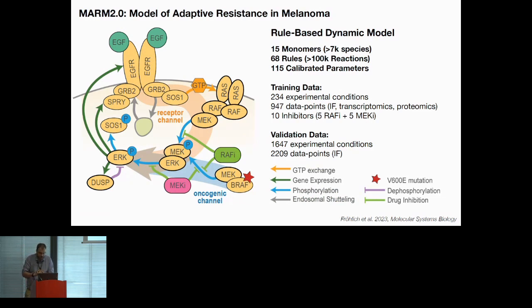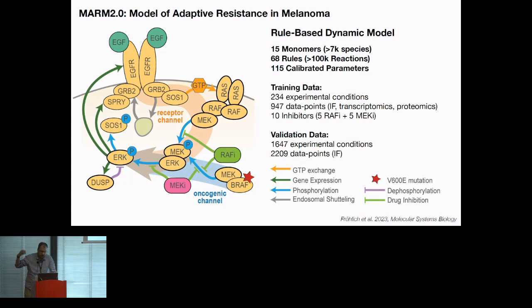RAF dimers can then phosphorylate MEK, and MEK can phosphorylate ERK, and downstream of ERK we describe multiple transcriptional adaptation processes that regulate the abundance of different proteins and thereby control signal transduction, both at the receptor and the MAPK signaling level. On top of the receptor channel, we also describe an oncogenic channel where MEK is phosphorylated independent of upstream receptor activation simply by mutated BRAF V600E.